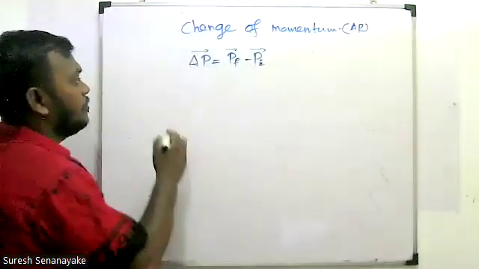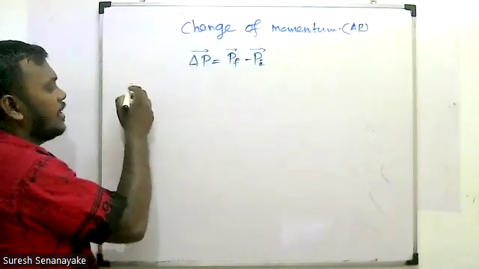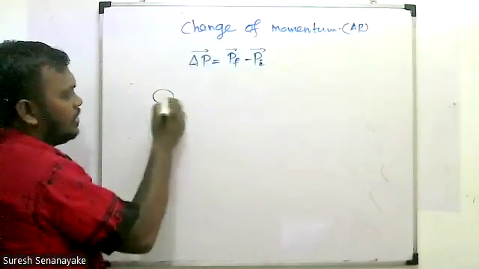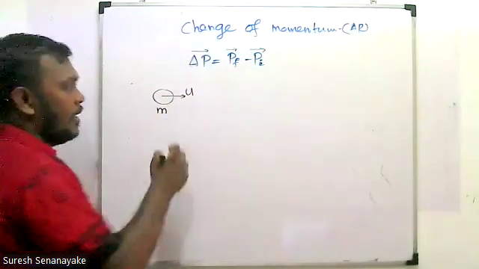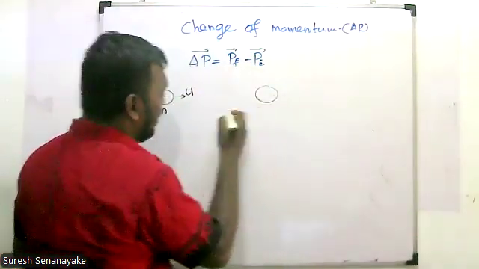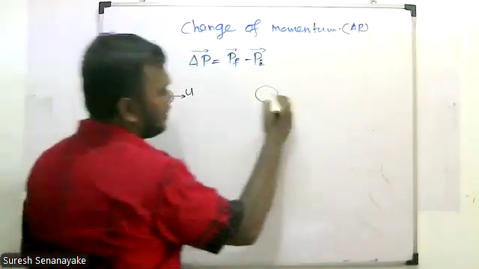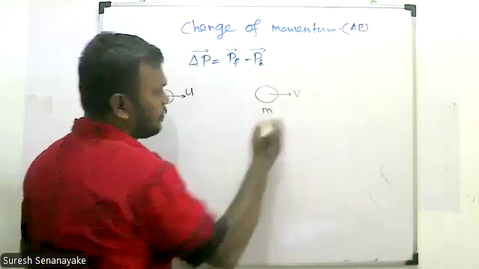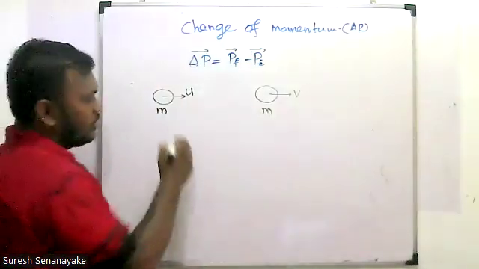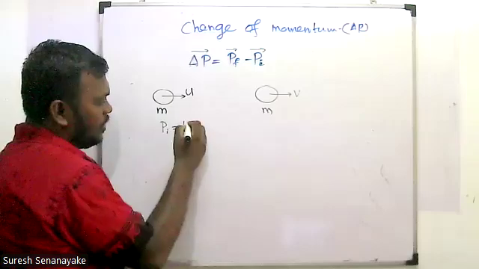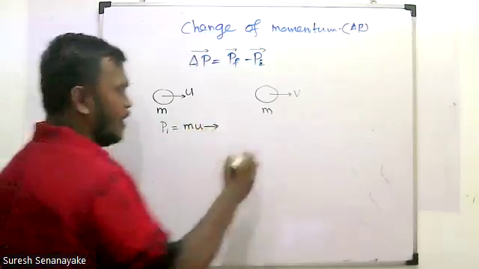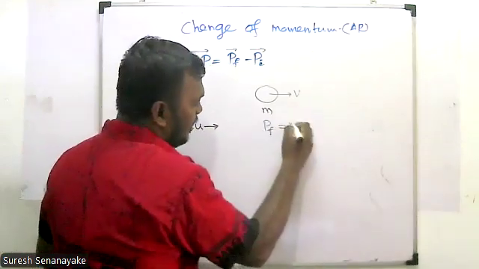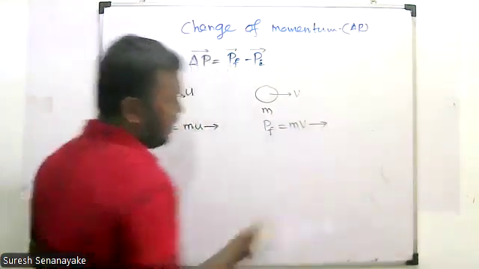Here, let's see, I'm considering one case where a body is moving in one direction with velocity u and mass m, and under the force acting on it, its velocity increases to v. So the initial momentum is mu in this direction, and the final momentum is mv in the same direction.